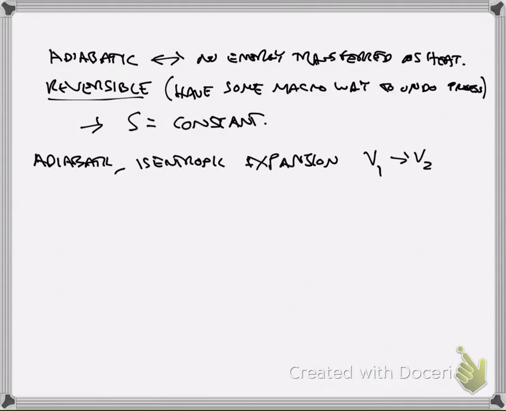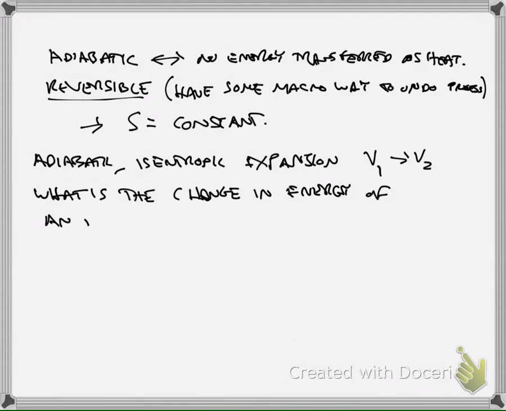And the question we're going to ask is, what is the change in energy of an ideal, again, we're going to do the ideal gas case. Right? So what do you think is going to happen? What's going to happen is if we're really expanding the gas and we're not adding any more energy, then we know that the gas should cool off.